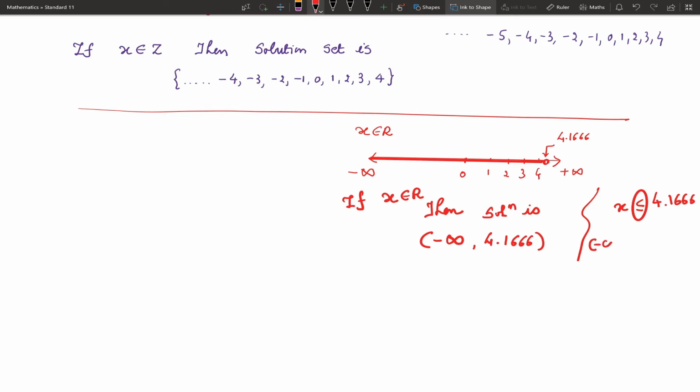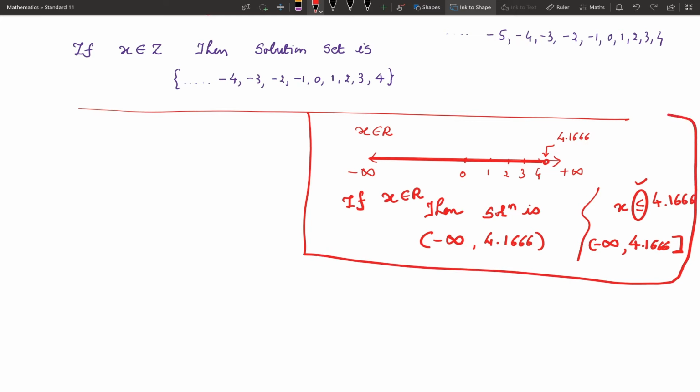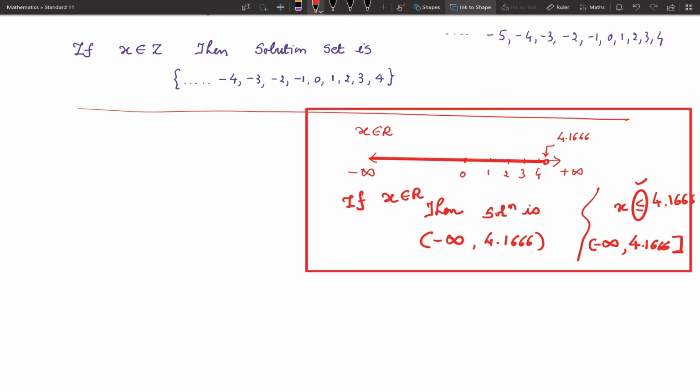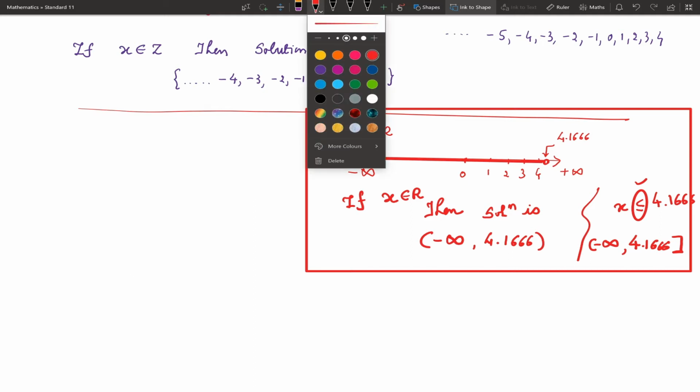So in that case the solution is minus infinity to 4.166, closed at that end since the inequality is slack. So this is the solution in the case of the set of real numbers.